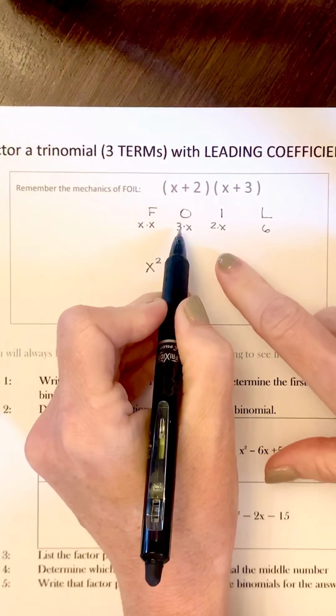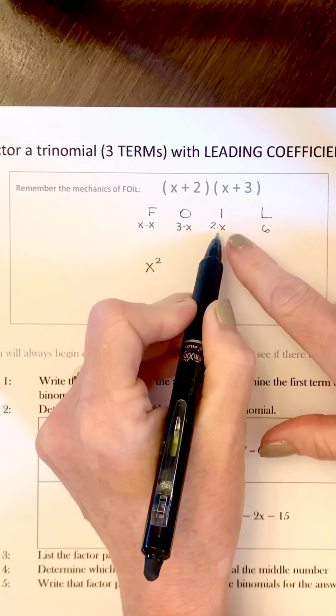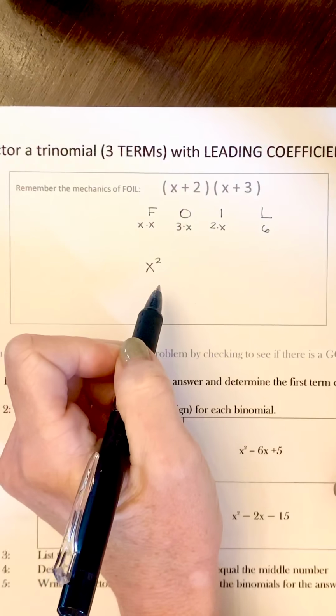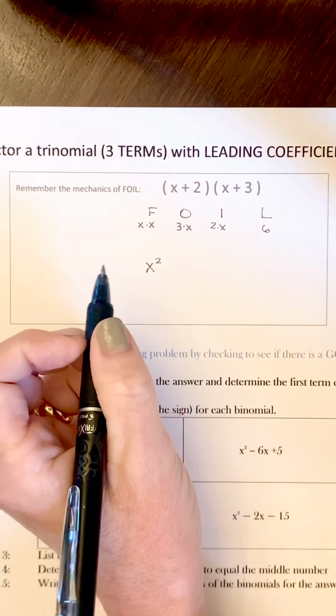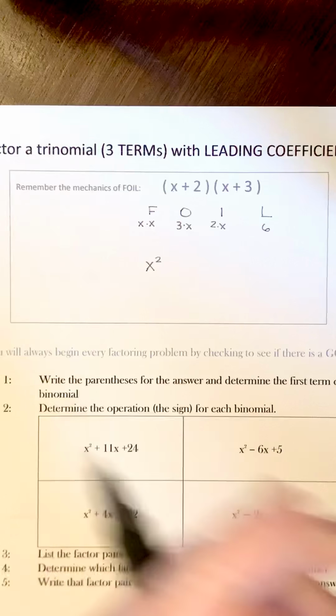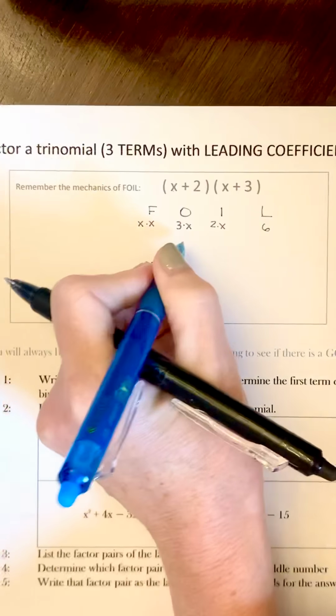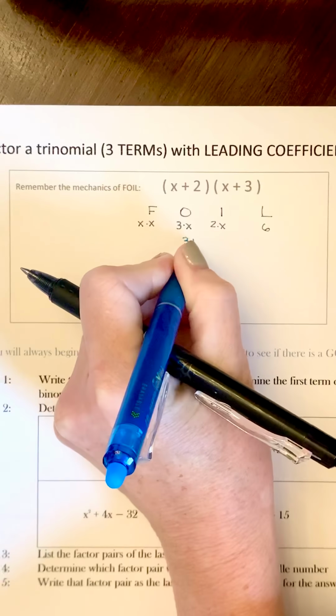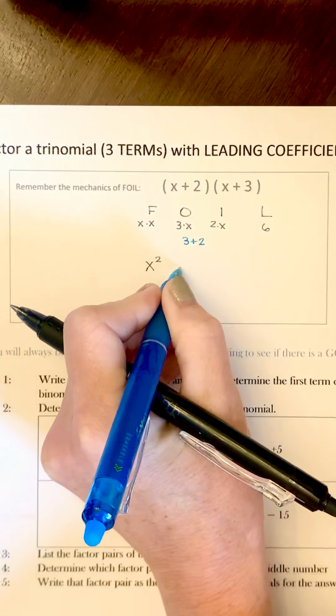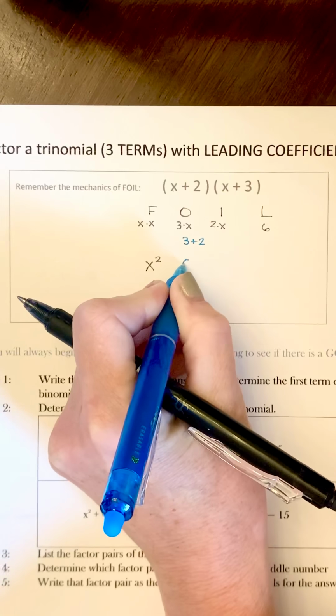And then you multiplied the outer terms and got 3X, the inner terms and got 2X, and the outer and inner terms would combine. So you would add the 3X plus 2X together, and you would get a 5X.